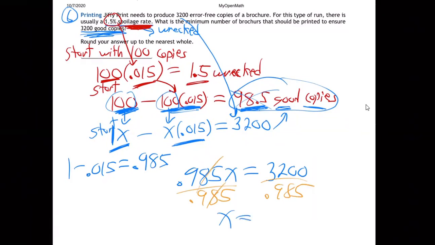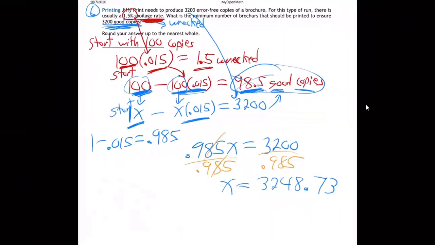And you get X equals, what is that? 3248.73, blah, blah, blah.